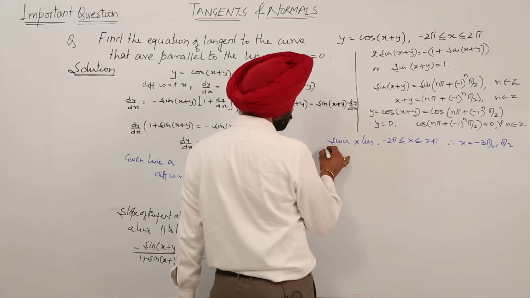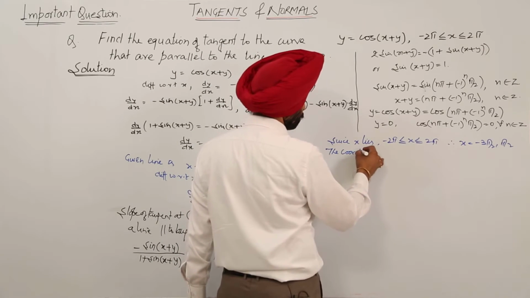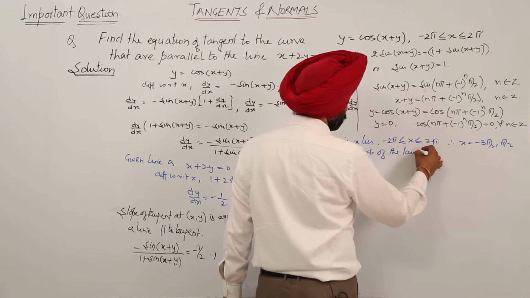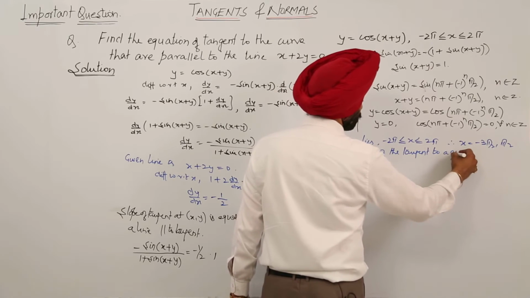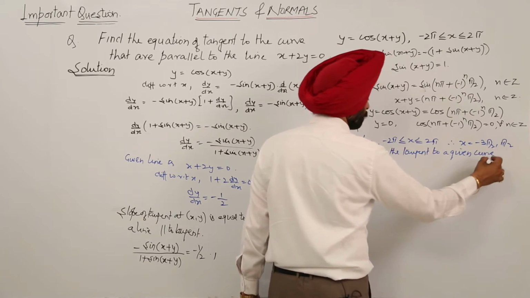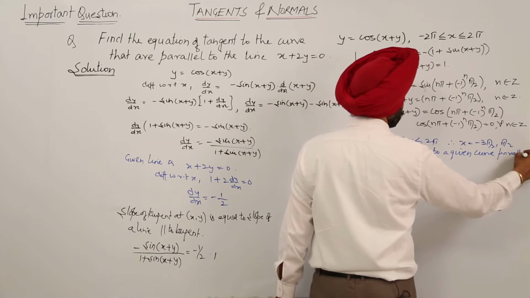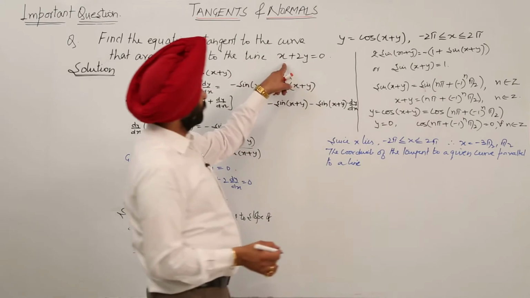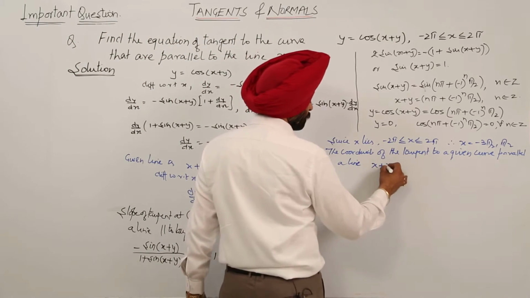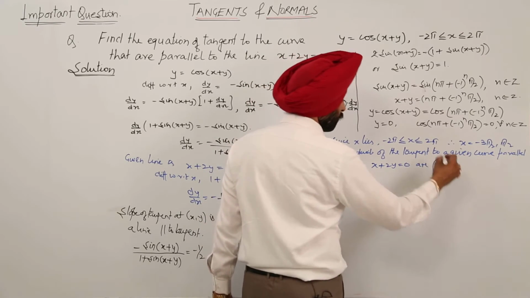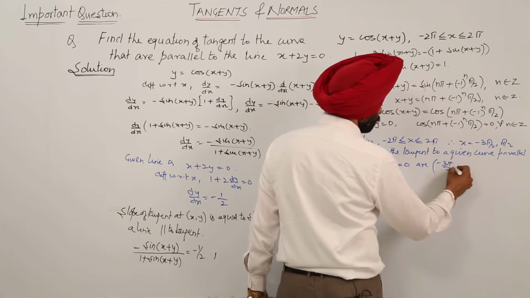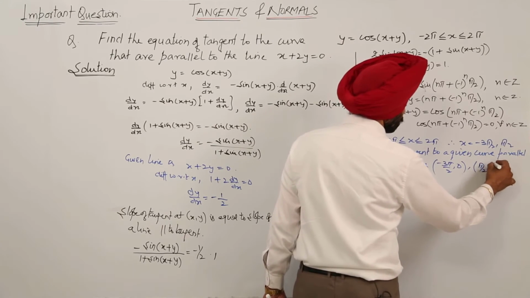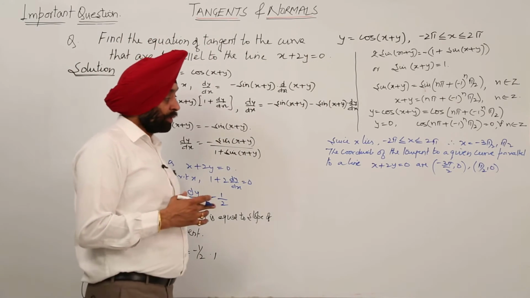Now the coordinates of the tangent to the given curve parallel to the line x + 2y = 0 are, now what are the coordinates? (-3π/2, 0) and (π/2, 0), because y is 0 and x is -3π/2 and π/2.